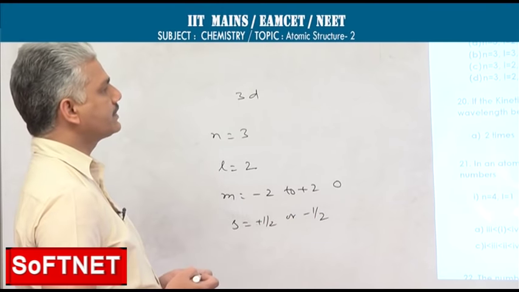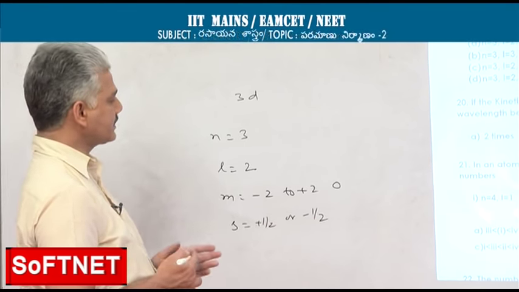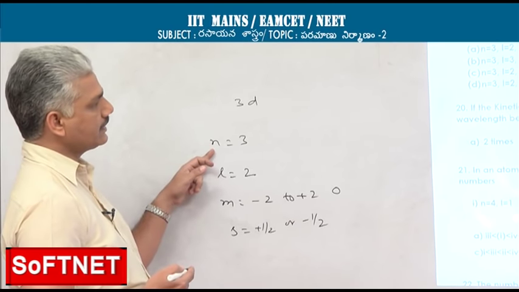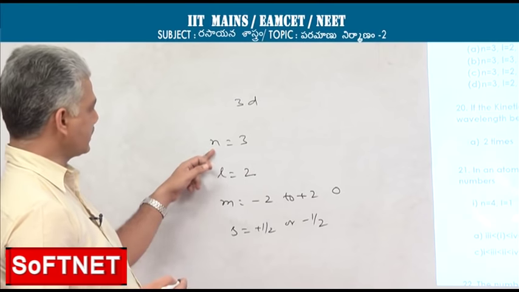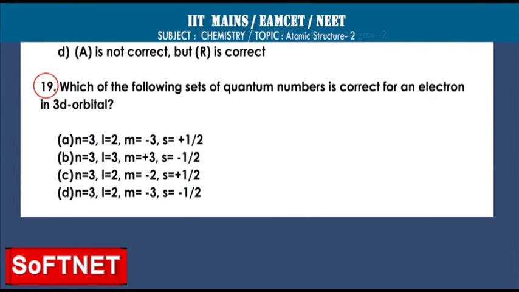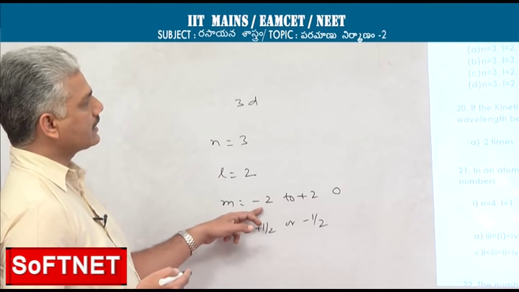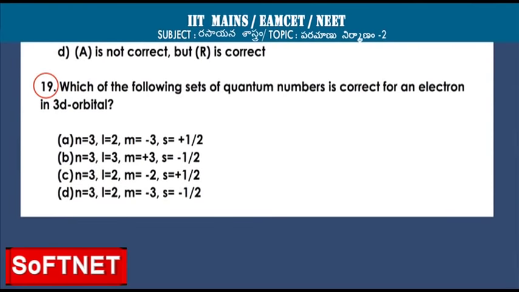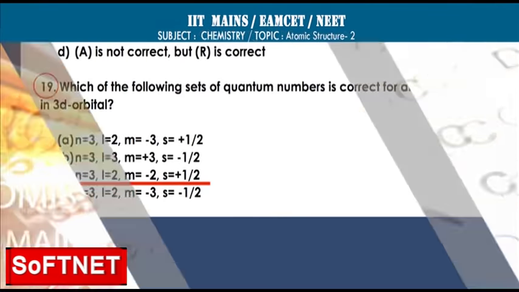So, we have to check for the correct options based on this information. n value 3 is there in all the options. l value 2 is present in A, C and D, and m value range is exceeded in case of A, B and D. So the correct option is C. C is the correct answer for question number 19.